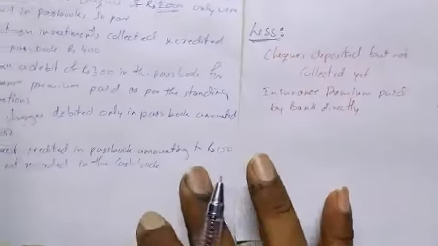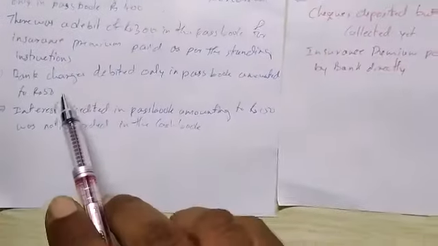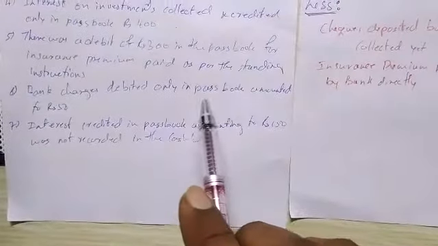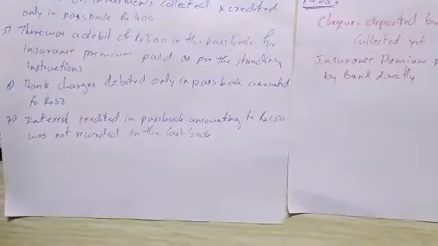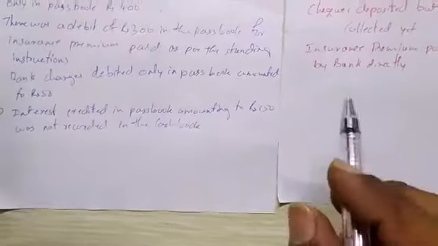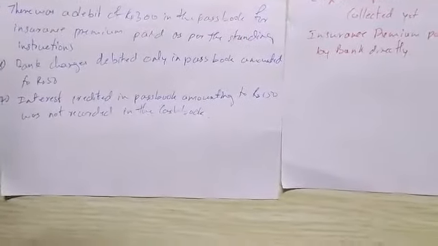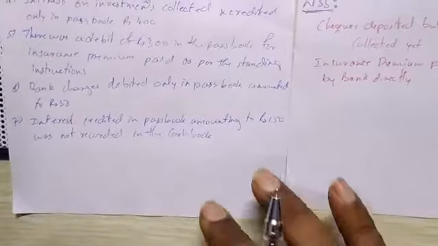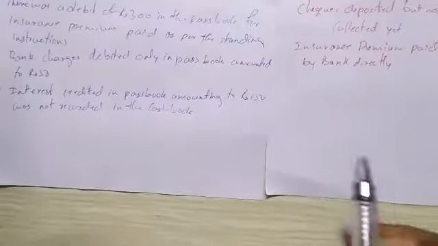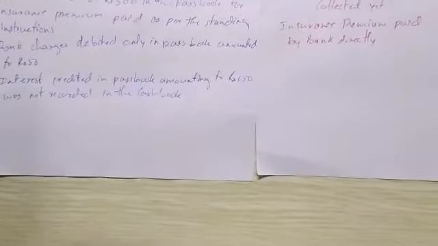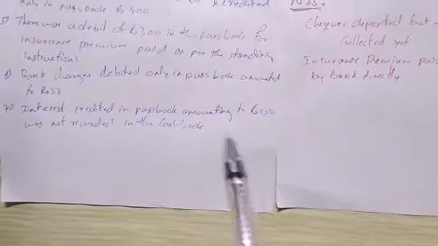directly, rupees 300. Okay, and next transaction: bank charges debited only in passbook amounted to rupees 50. Certain bank charges like SMS charges or passbook maintenance charges, various charges they have debited to our passbook, and we will come to know only when we print the passbook.